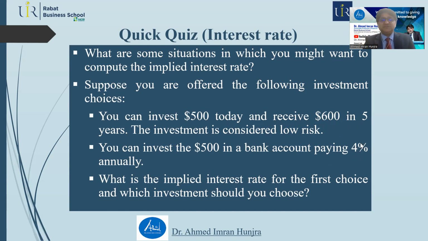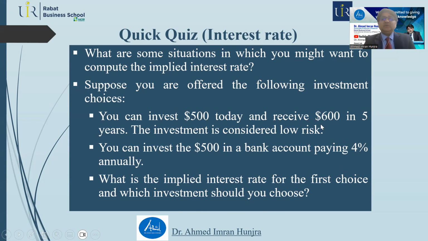The first option is providing you a rate of return of 3.7%, and the second option's rate of return, or discount rate, is 4%. So which option will you opt for? Which investment should you choose? The investment which is giving you the higher interest rate will be selected.